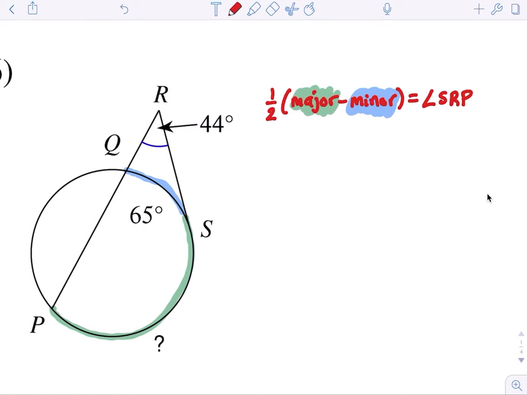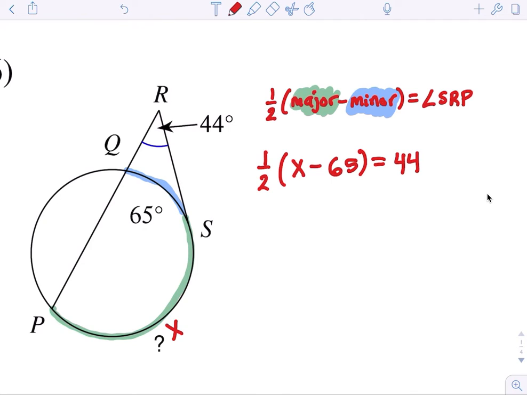So we have to solve. So 1/2 major arc. Well, we don't know the major arc, so I'm just going to denote this as x. 1/2 x minus the minor arc, which is 65, is equal to the angle, which is 44.